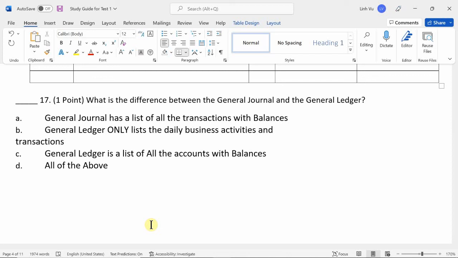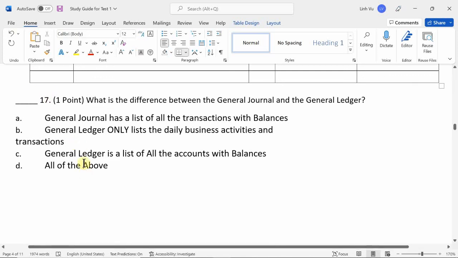Letter B. General ledger only lists the daily business activities and transactions. Is that true? No. C. General ledger is a list of all of the accounts with balances. General ledger is a list of all of the accounts with their balances. Yes. Okay.